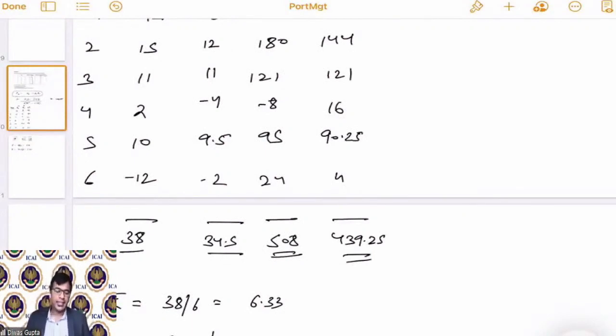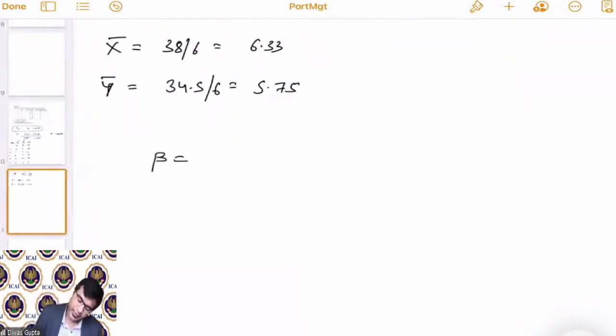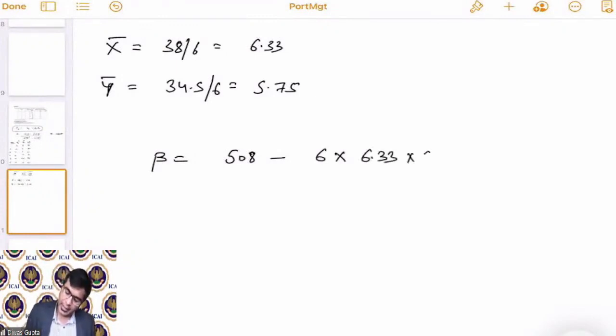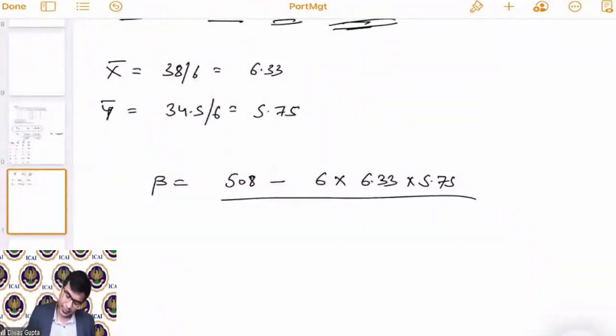Okay, students. So this gives us the complete formula for beta. First of all, it is a summation of xy, which is 508, minus n, which is the number of observations, 6, times X bar Y bar, 6.33 multiplied by 5.75, whole divided by summation of y square, which is 439.25 as we have calculated, minus n again 6 times Y bar square, 5.75 square.